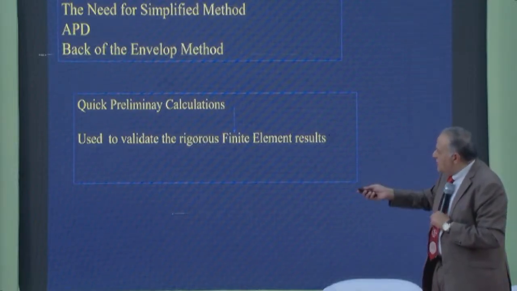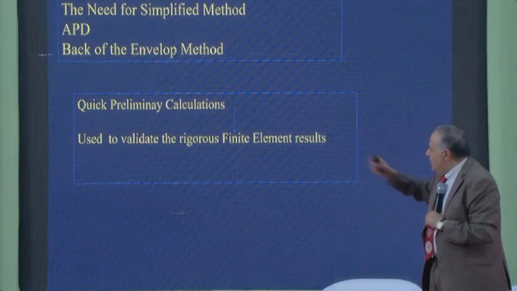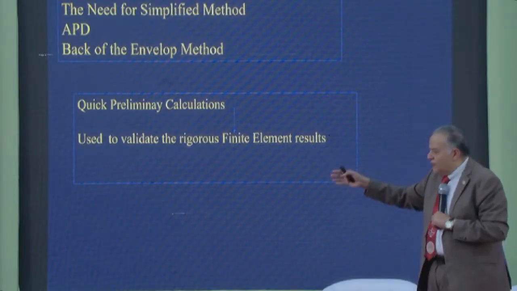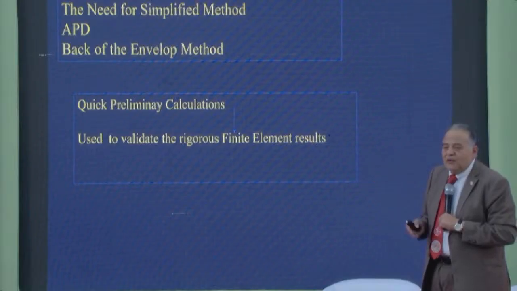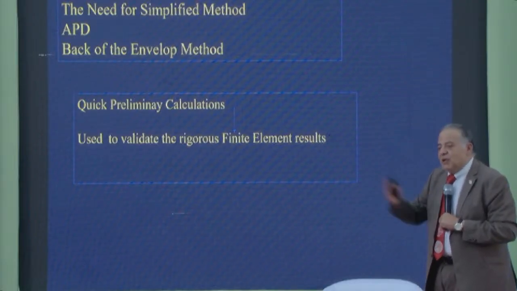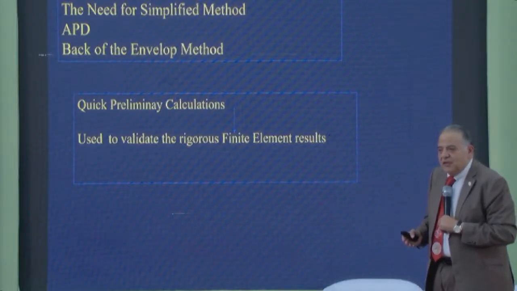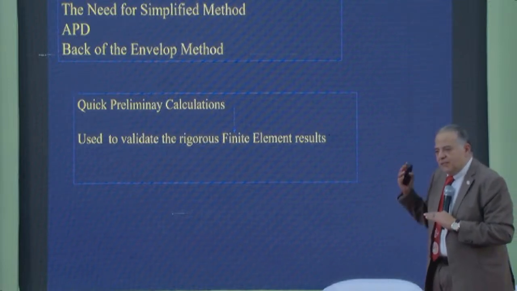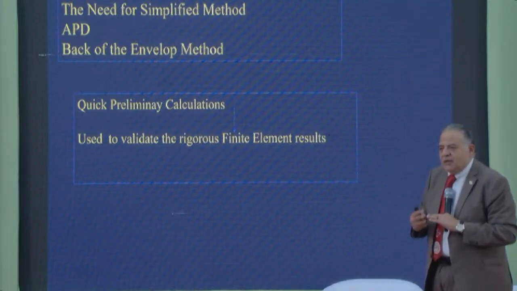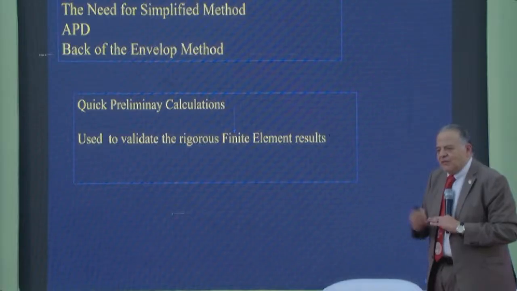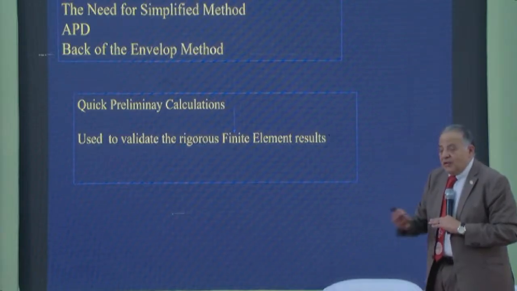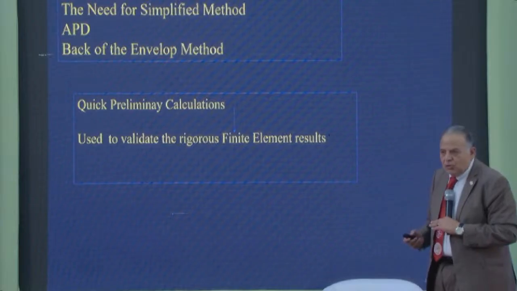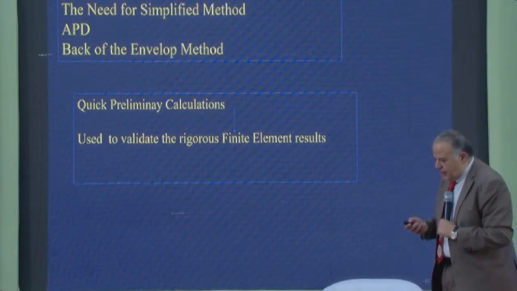Basically, we needed to have quick preliminary calculations for any deep excavation. Also, we have to have a way to validate if we run some finite element analysis. We should have a reference, we should have a comparison. So usually the apparent earth pressure can provide us with a validation and give us a quick check that we are doing really in the right direction.